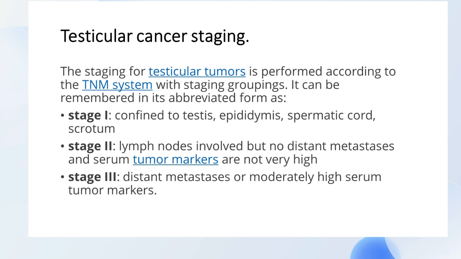So I need you to just know how to describe a lesion that is suspicious of testicular cancer. But the gold standard is, whenever you see an intratesticular lesion or mass, you have to query malignancy, unless you are convinced that it's an abscess, unless you are convinced that it's a simple cyst.